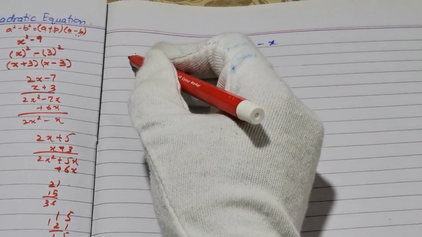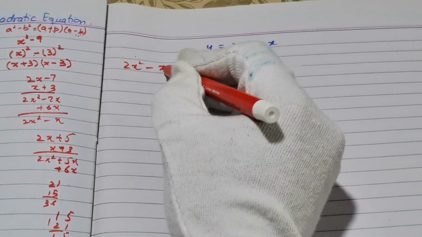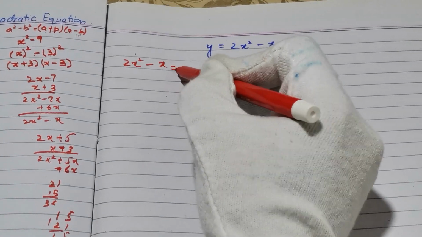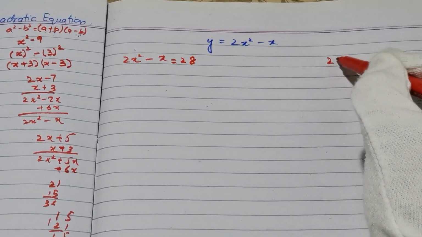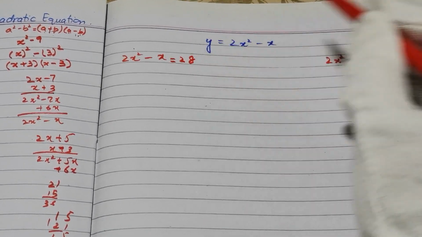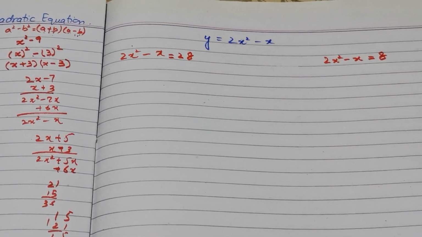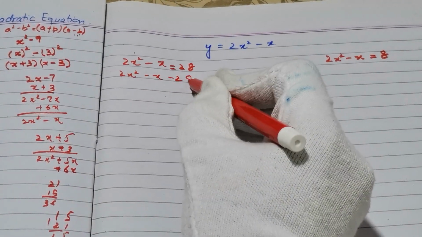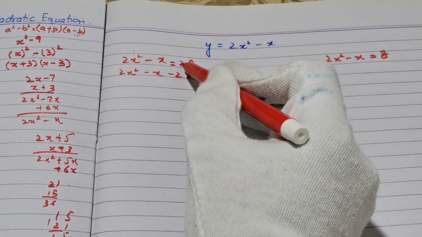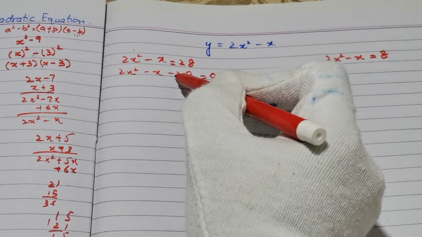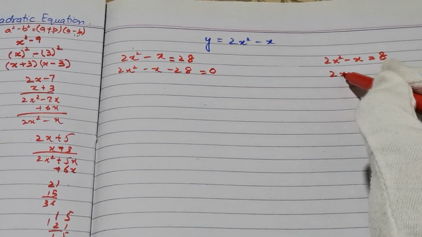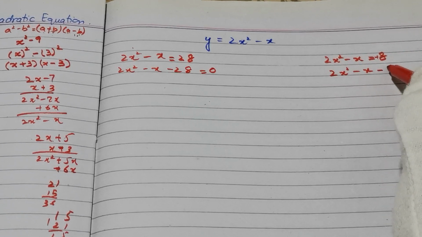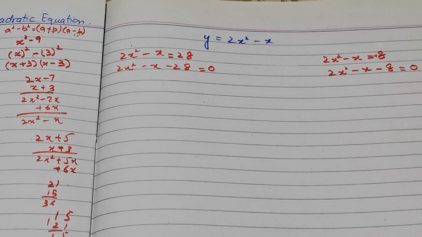So 2x square minus x, in place of y we will write 28, and 2x square minus x, in place of y we will write 8. So 2x square minus x minus 28 equal to 0. A positive sign when taken to the left side becomes negative sign. Now 2x square minus x minus 8 equal to 0.